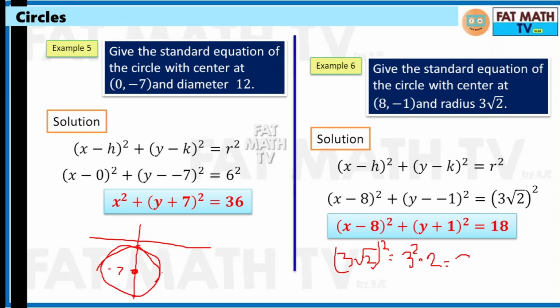That is 9 times 2, which is 18. Or you can have 3√2 times 3√2. That is going to be 9 times 2 still. So that will be 18.